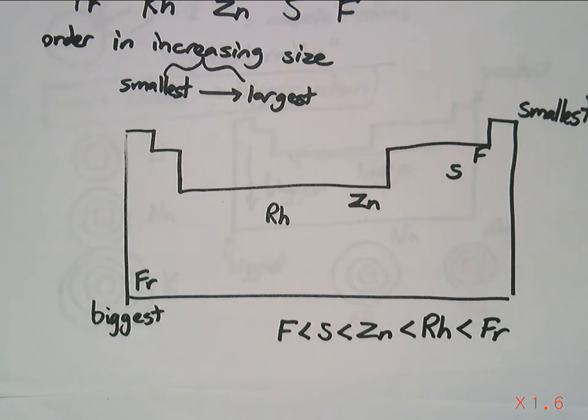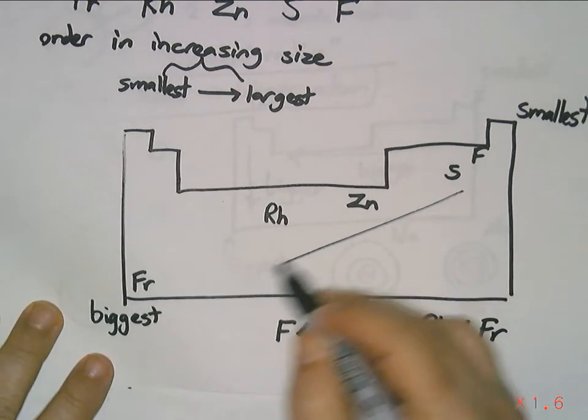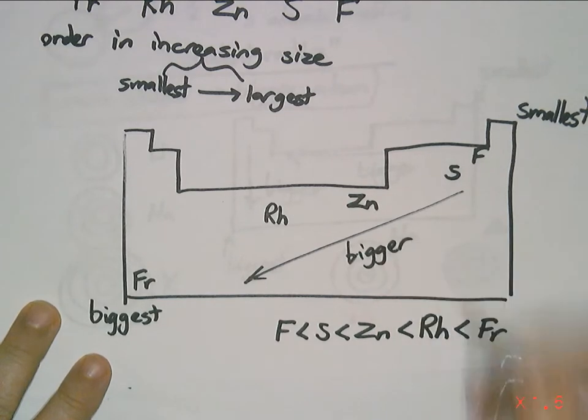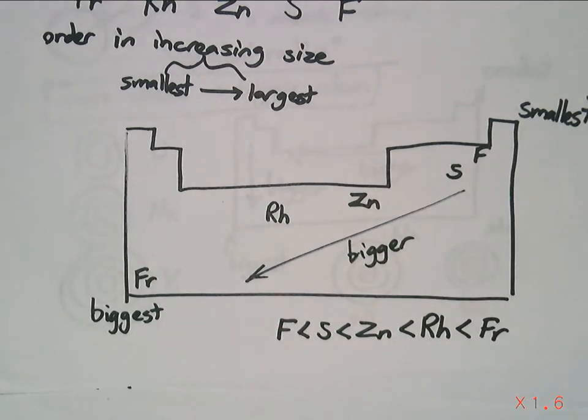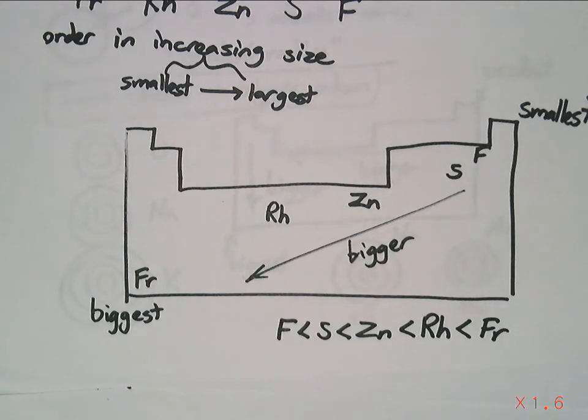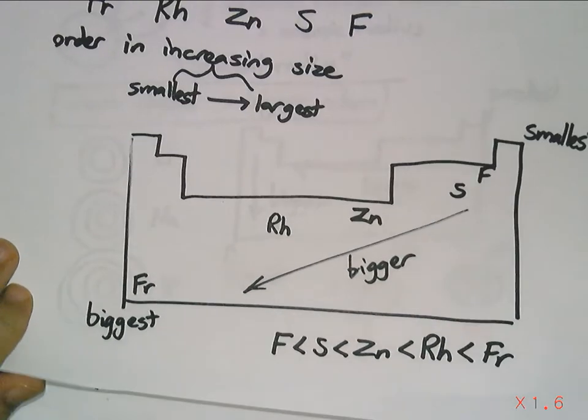So I can draw where they are on the table and order them that way. If someone gave them to me in a different order, I'd be able to straighten it out and rank them. I'm asking you to do this in the question below this video.